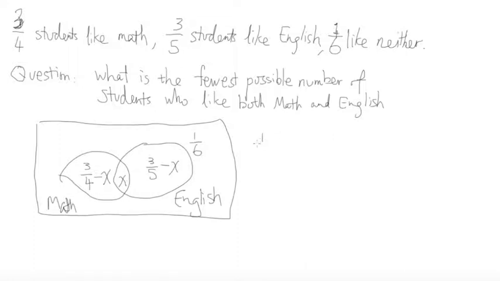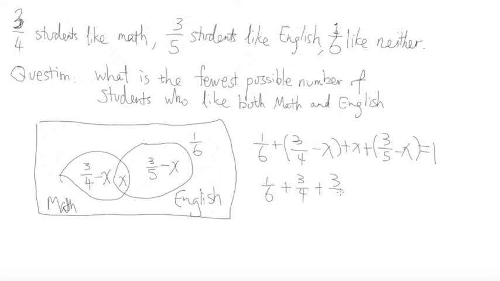So let's just do it. Add everything: 1/6, plus 3/4 minus x, plus x, plus 3/5 minus x, equals 1. So how many x are there? We have 1/6 plus 3/4 plus 3/5, and the total of minus x plus x minus x, so there's a minus x, equal to 1.